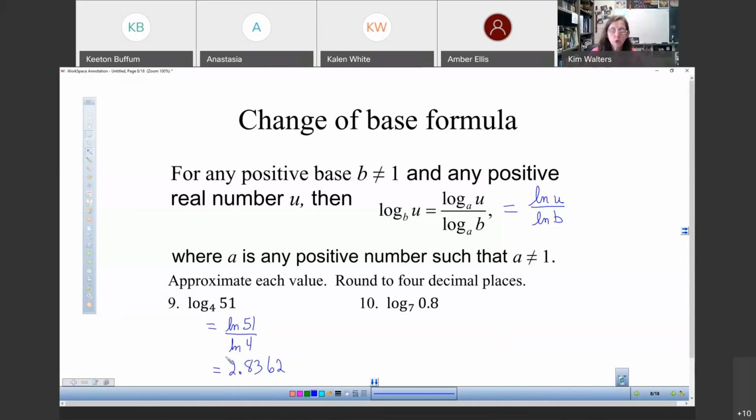Questions? Make sure you can get your calculator to give you that correct answer. All right, so with that in mind, I want everybody to do number 10, and then I want you to tell me what you got for your answer.